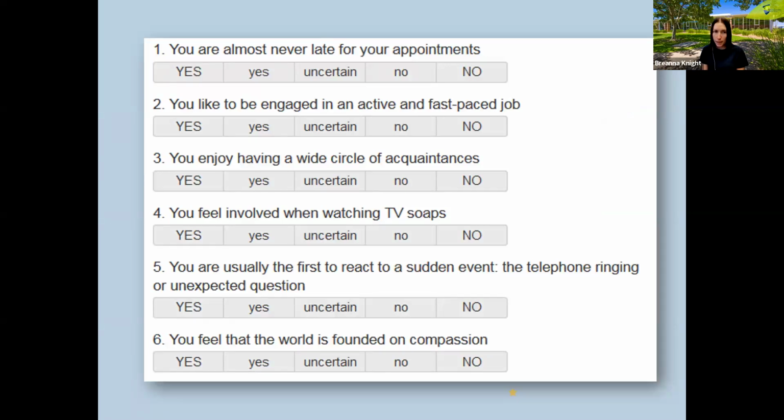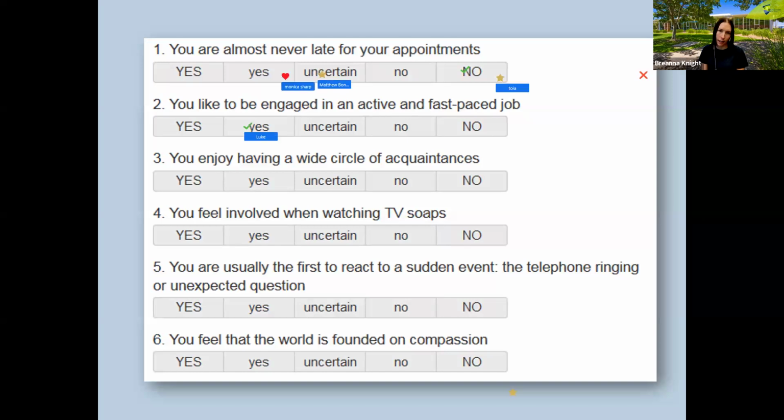So this scale's a little bit different. It has a strong yes, less strong yes, uncertain, no, strong no. So it's a bit different a scale. You get to sort of pick rather than just one or the other, like in the learning styles. Again, with this one, try to not overanalyze it too much.